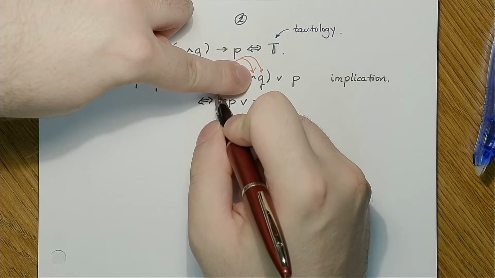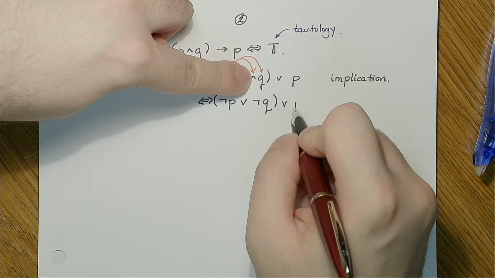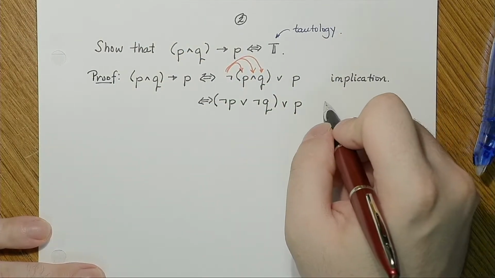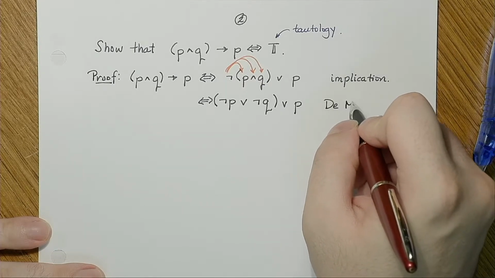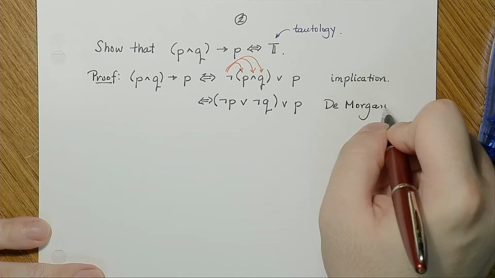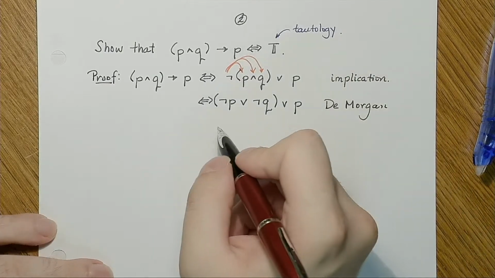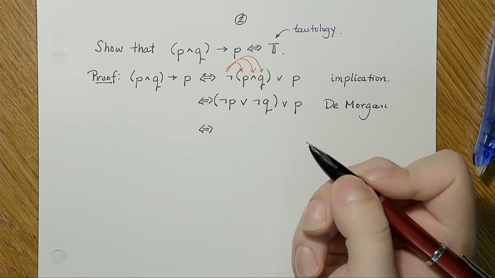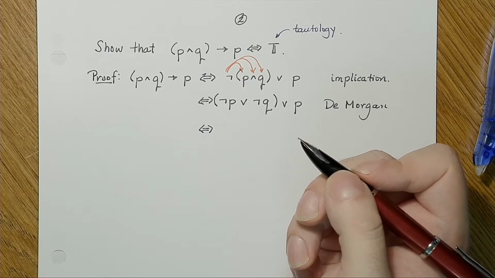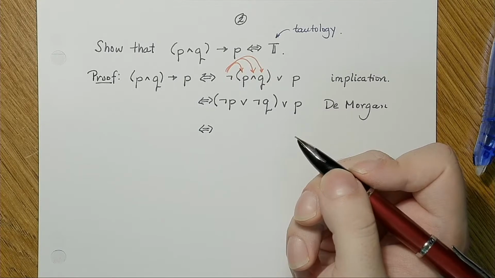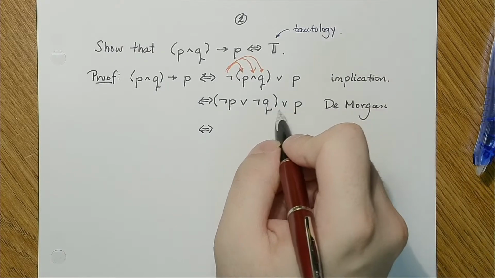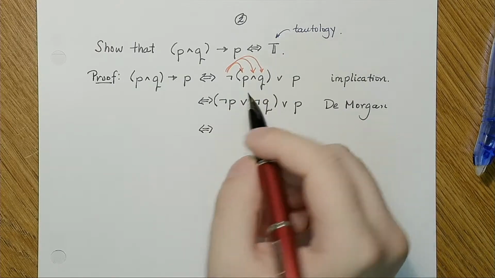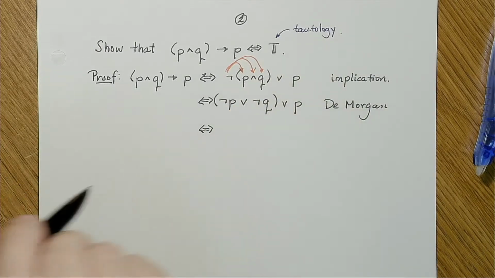Okay. So when we distribute the negation, it's a special case. We call that De Morgan, named after a logician. Okay. What I'm going to do is I'm going to exchange these two propositions.